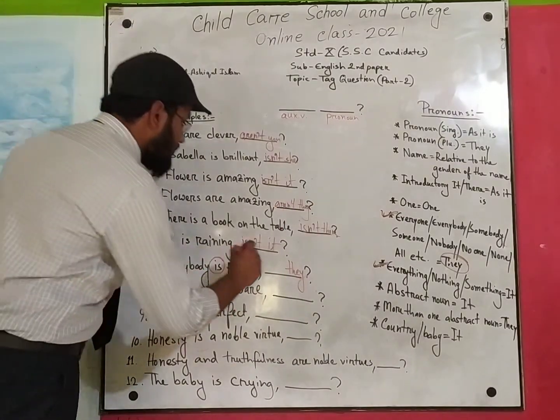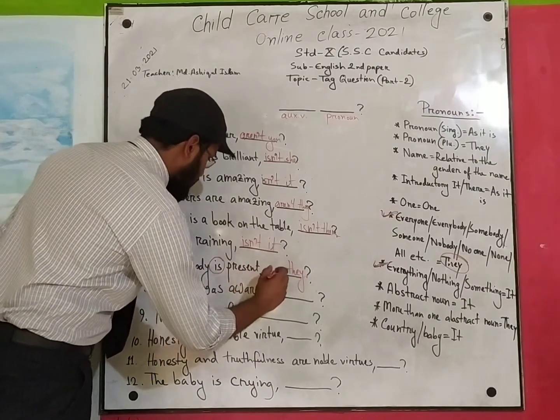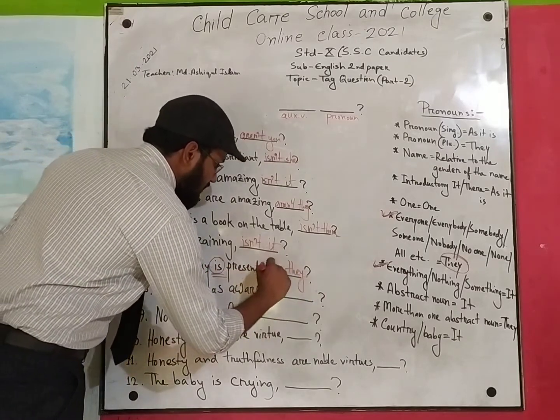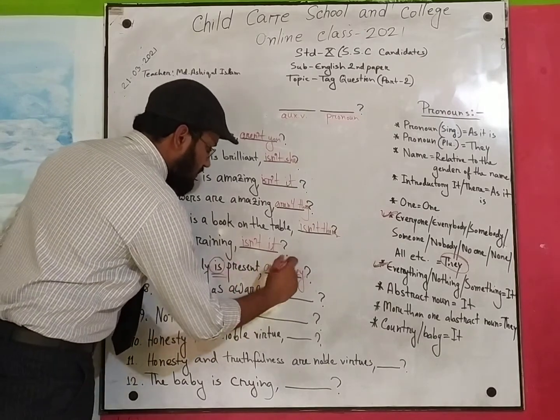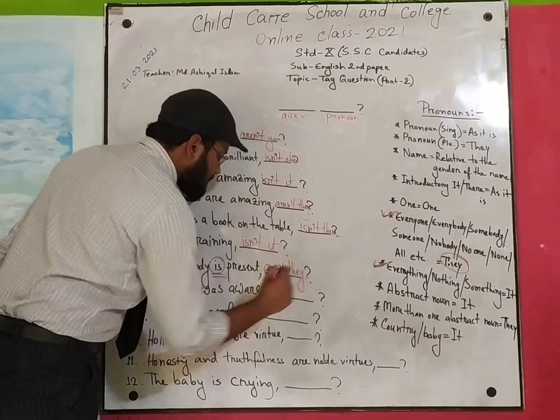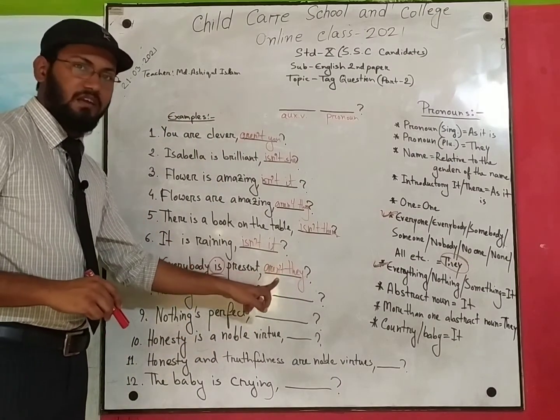So everybody is present. Since the pronoun we are using is plural, our auxiliary verb will also be plural. And remember, this is in present tense. Our plural will also be present. And it's a be verb, so we are also using a be verb. The alternate for is should be are. Everybody is present, aren't they?